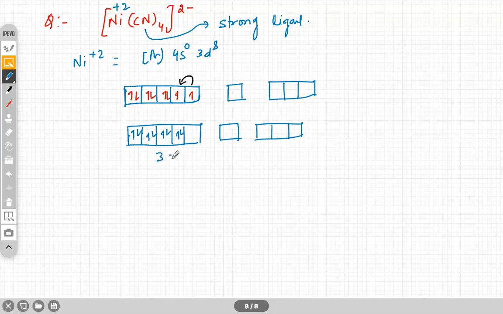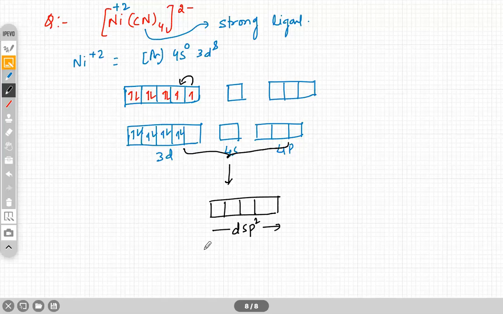So it is 3d, 4s, and 4p. So 3d orbital, 4s, and 4p, 2 orbitals here. So this goes under hybridization, and it forms 1, 2, 3, 4 dsp2 hybrid orbitals.